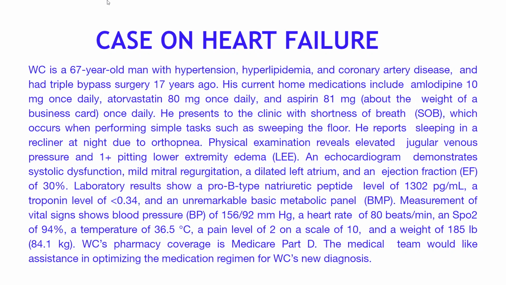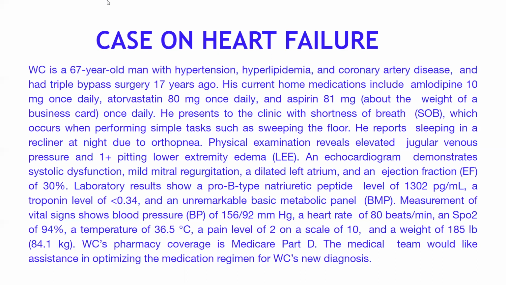shortness of breath, which occurs when performing simple tasks such as sweeping the floor. He reports sleeping in a recliner at night due to orthopnea, and the physical examination reveals elevated jugular venous pressure and more than one pitting lower extremity edema.